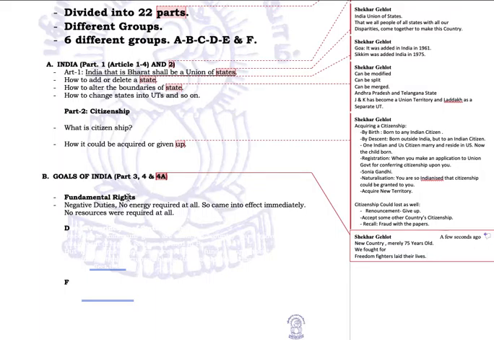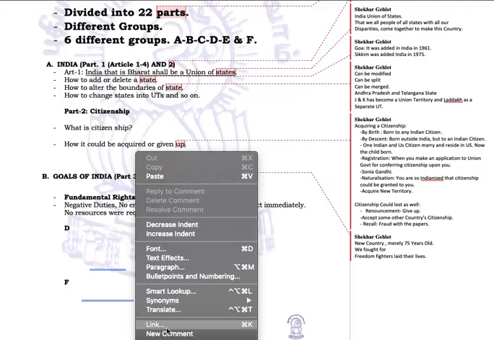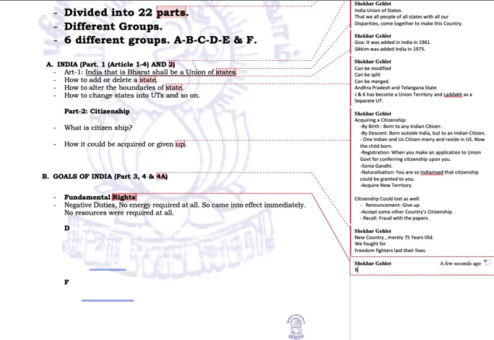What are these fundamental rights? We'll discuss them in detail later in the next chapters, but these are very basic rights. Basic rights can be called human rights as well.